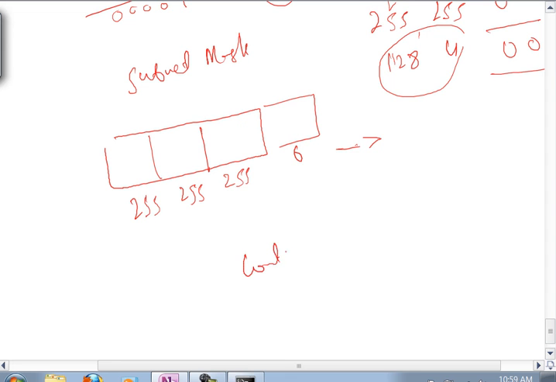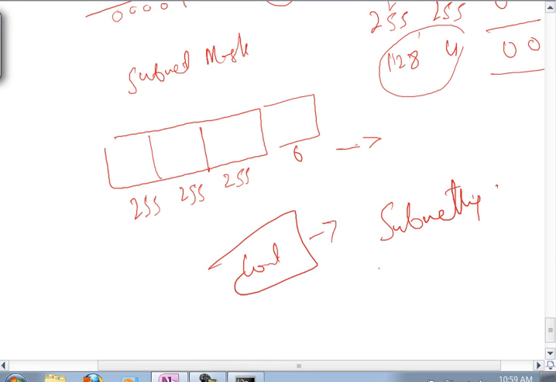Okay, we'll continue this tomorrow. We'll read subnetting, and also advanced subnetting. So one is called subnetting, right?